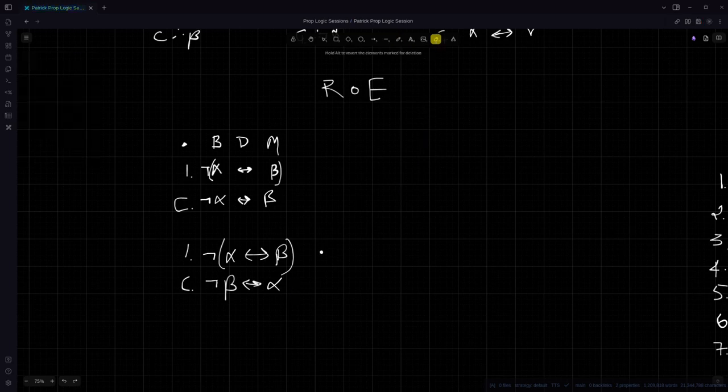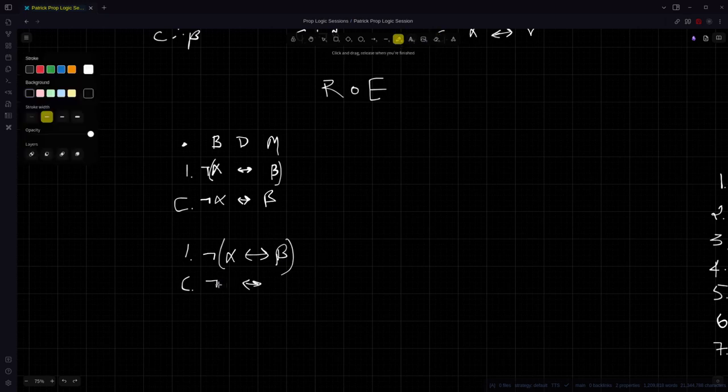Or you can write it like this: not alpha if and only if not beta.